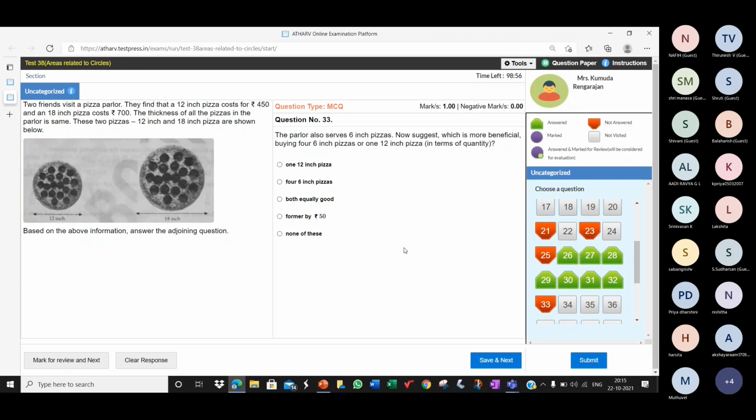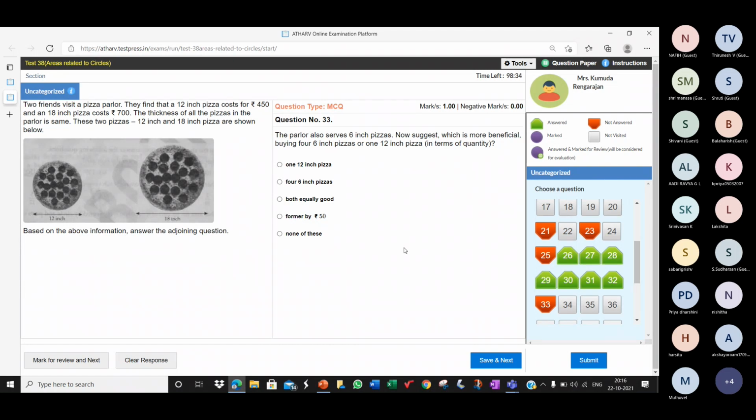The first one, 6-inch pizza. 6 inches is the diameter, 3 inches is the radius. So pi r square, pi into 3 square, 9 pi square inches.